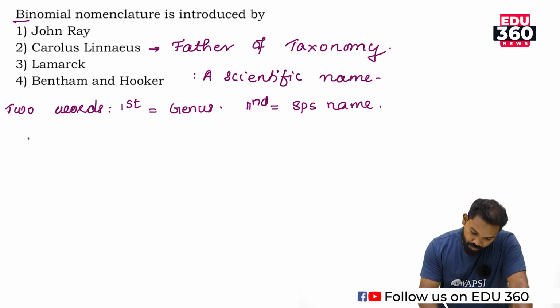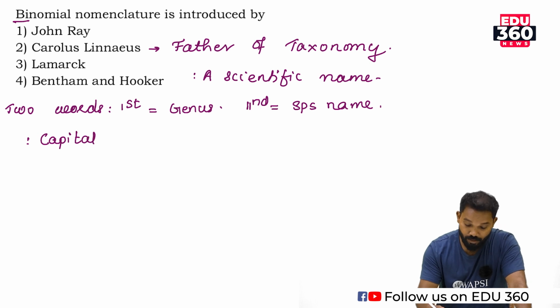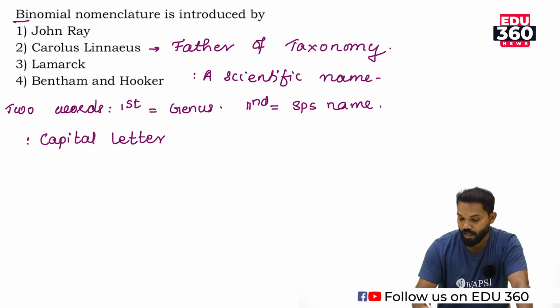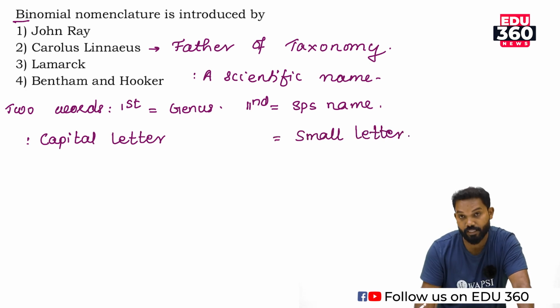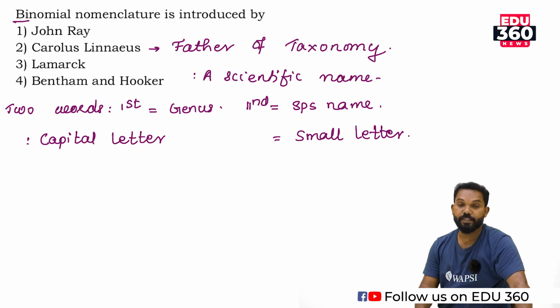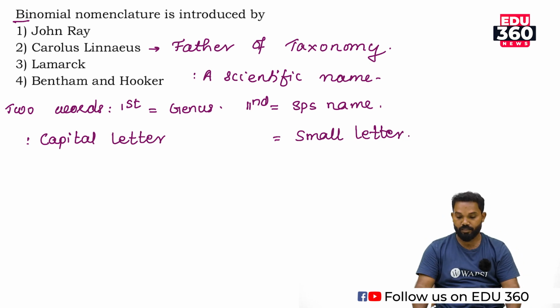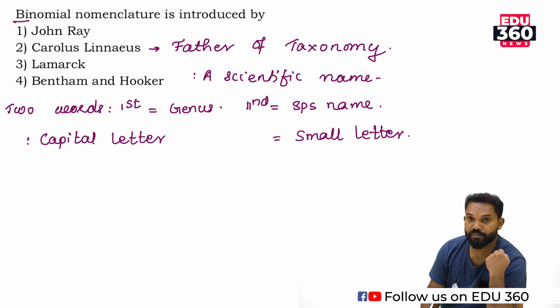Then the genus name starts with a capital letter, and the species name starts with a small letter. For example, our scientific name in binomial nomenclature is Homo sapiens.